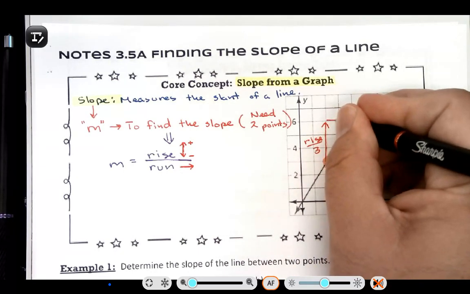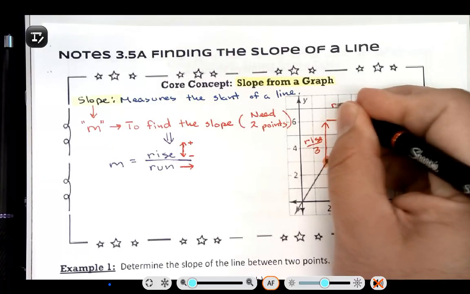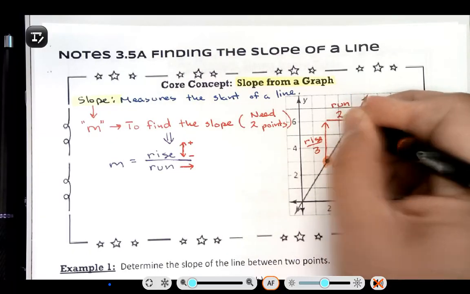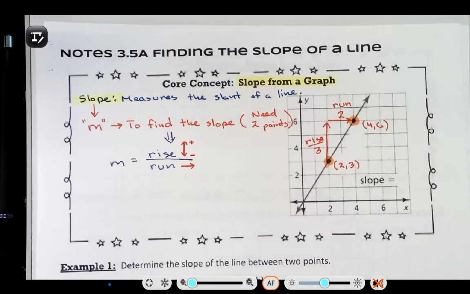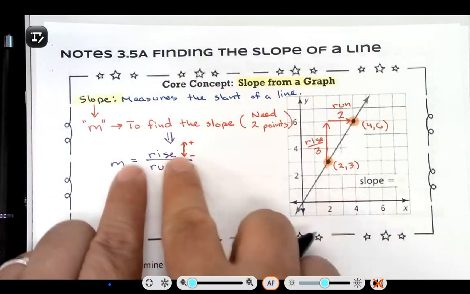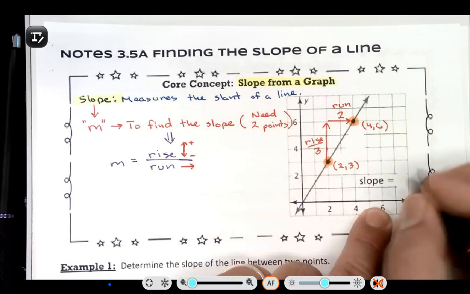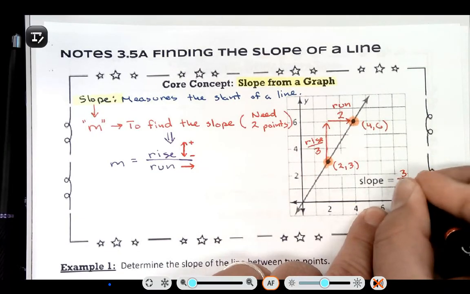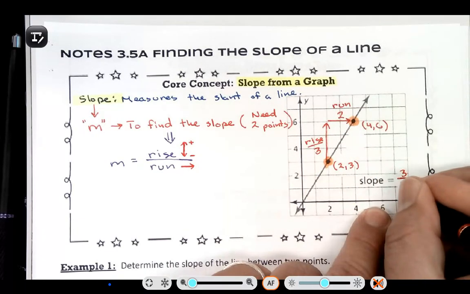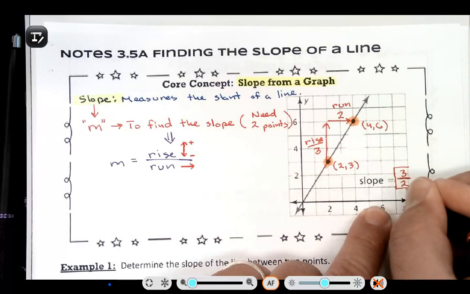And then from here, I would go to the side. My run would be 2 spaces that I have to go over. So remember, my slope is my rise over my run. My rise was 3 over my run, which is 2. And this is how we're going to be finding slope.